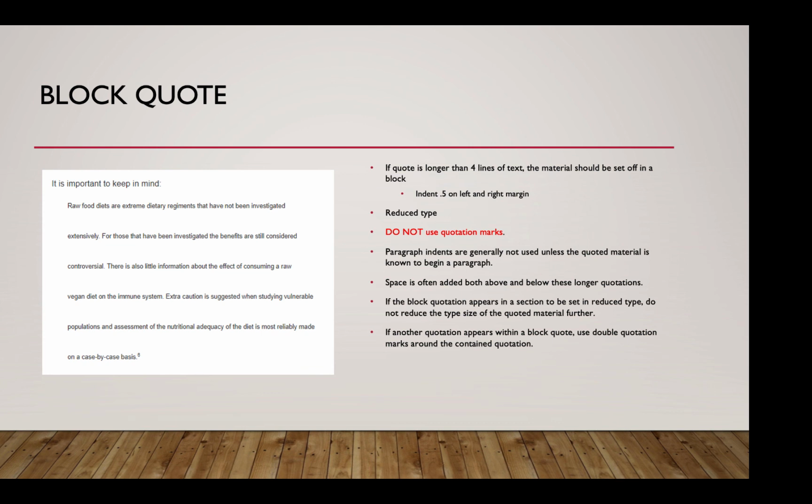If the block quotation appears in a section to be set in reduced type, do not reduce the type size of the quoted material further. If another quotation appears within the block quote, use the double quotation marks around the contained quotation. So if there is a quote within this block, then you would use double quotations in this block.